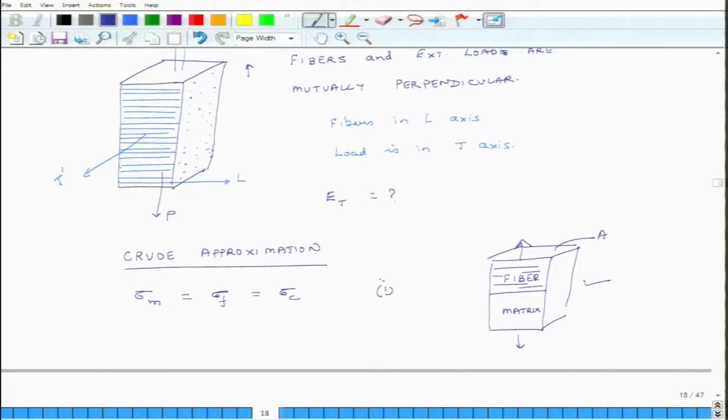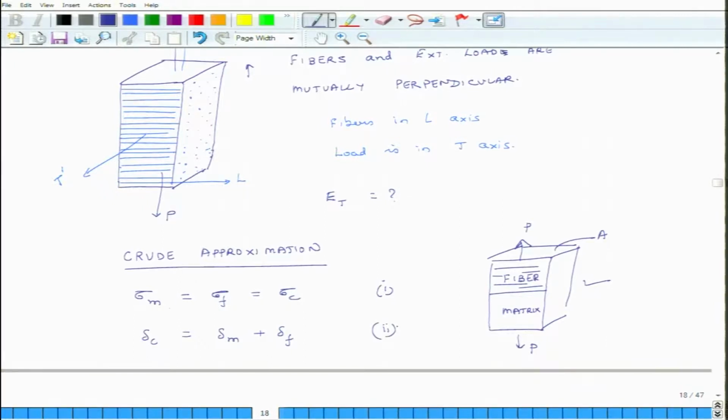The other thing is that when I pull, because of this load, the whole composite will extend and become longer. So the extension of the composite, delta c, is equal to the extension in the matrix plus the extension in the fiber.